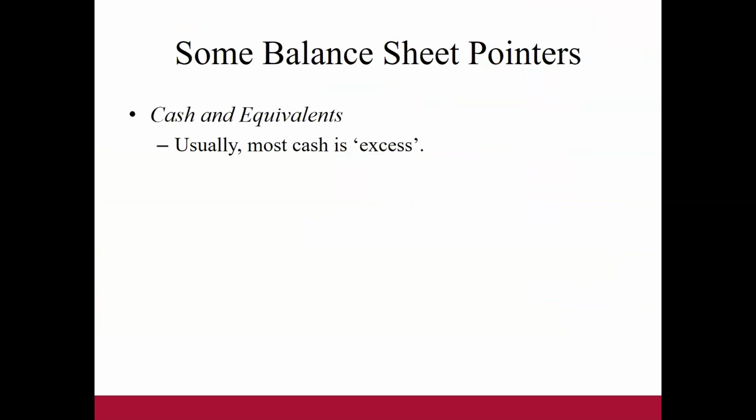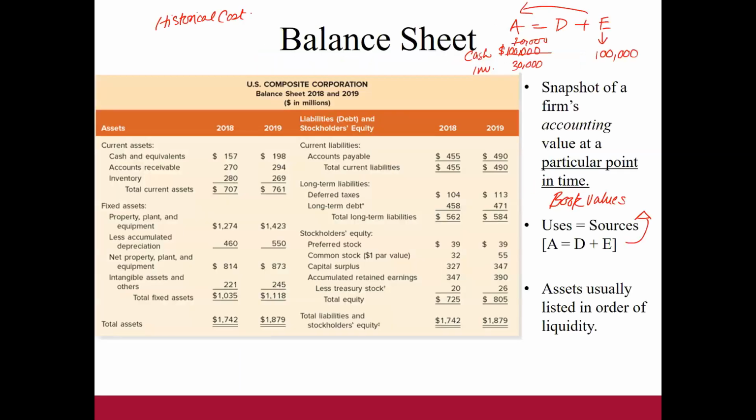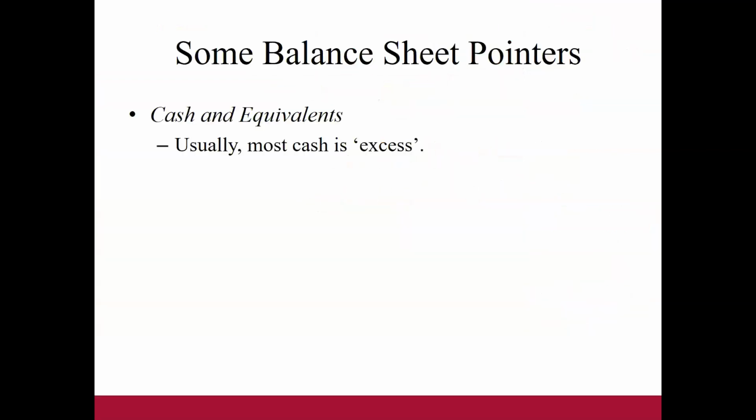Cash and cash equivalents is one portion of the balance sheet that I want to talk to you about a little bit more. So usually when you look at a balance sheet, you'll see cash and cash equivalents. This is basically cash lying around, most of the time doing nothing. It's just lying around. So this is typically, or at least a major portion of this is, just excess cash.